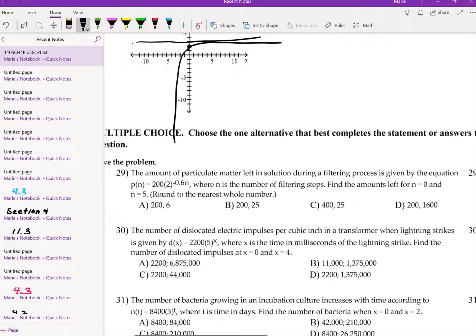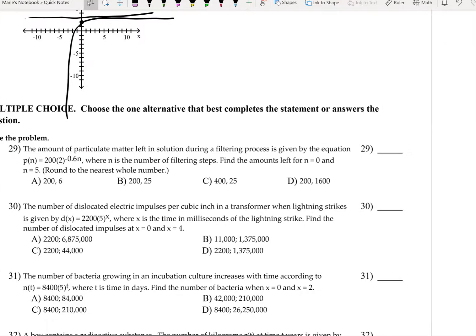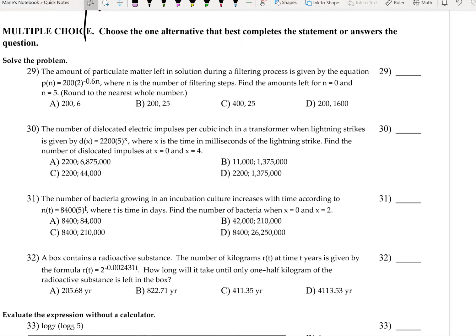Alright, let's look at number 29. So for number 29, they're giving you a decimal equivalent. We know that one of the values is n is 0, so that when n is 0, all of this zaps out to 1. So we know the lead number has to be 200 regardless. So you could get rid of that one. And now just plug in the 5 and you get 200 times 2, and this is the key.